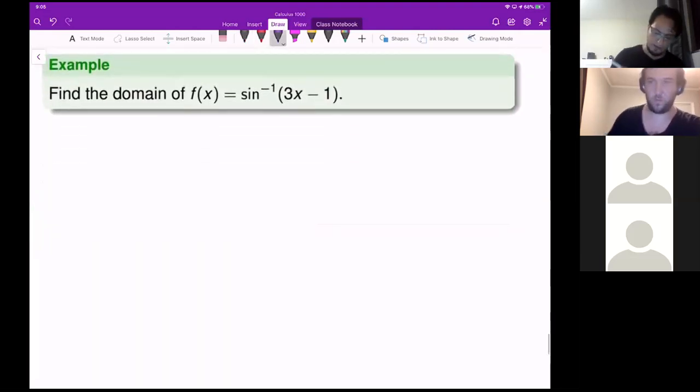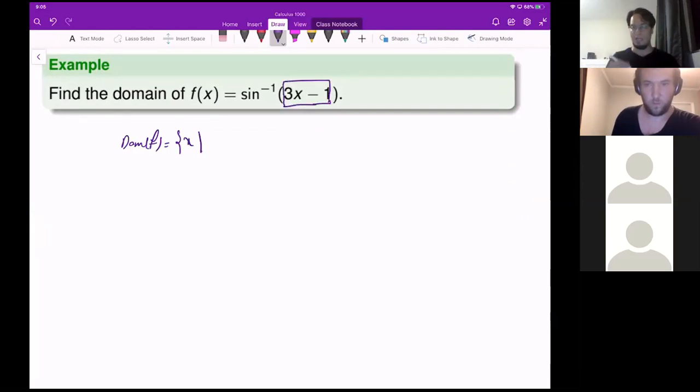If we are looking for the domain of this function, sine inverse of 3x minus 1, this will be all x's such that this guy here that we put inside as input for sine inverse is between 1 and -1, including.